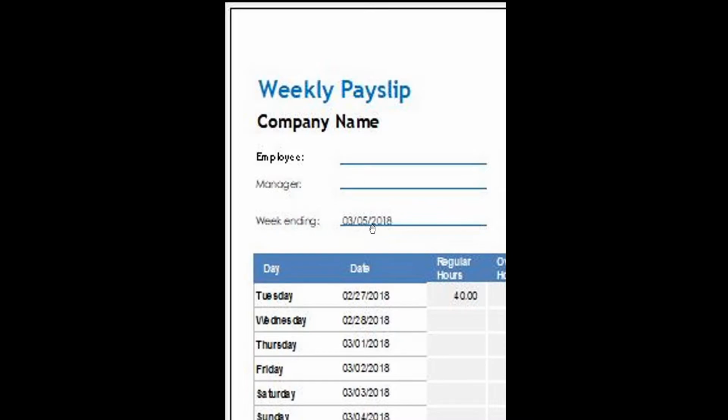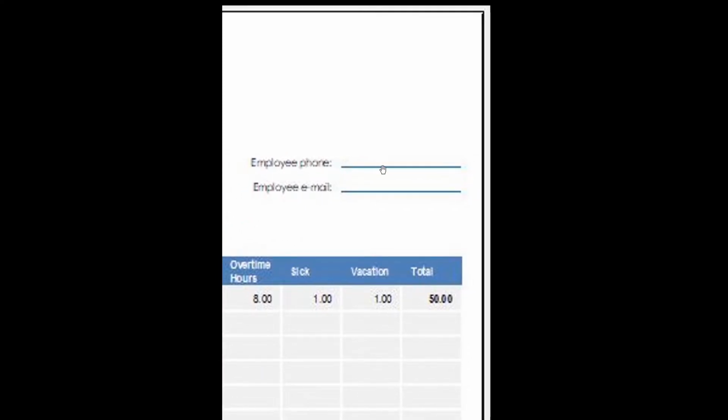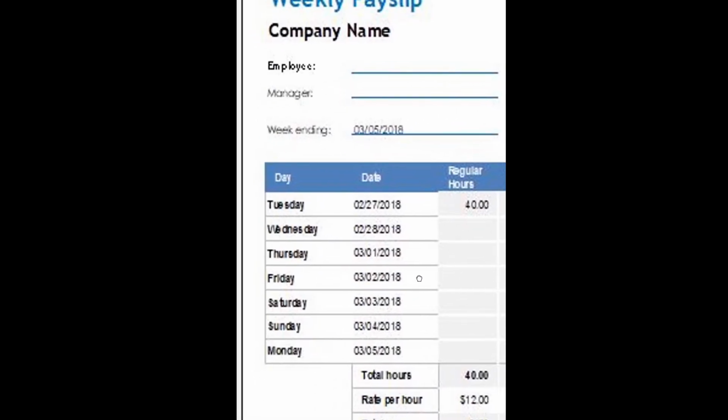So they might ask you which week, or when does this person get paid? This would be for the week ending over here, so you could use that date. They would also have the employee contact details, like the phone number and email of that particular employee.